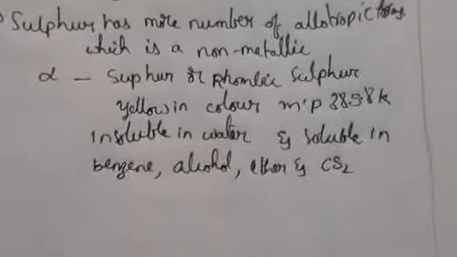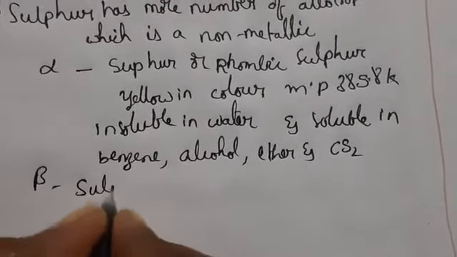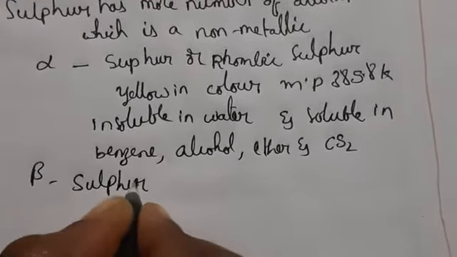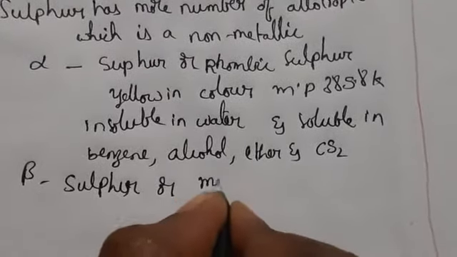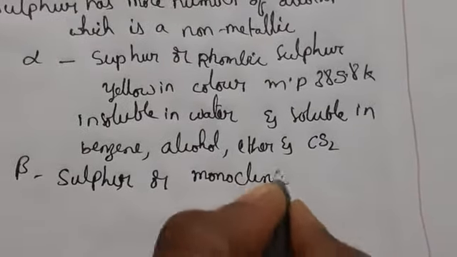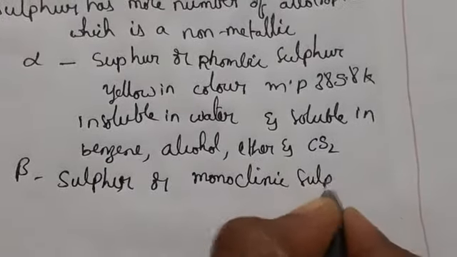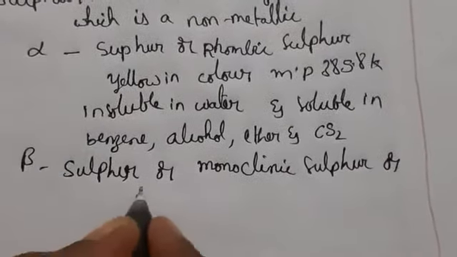Next we have beta sulphur, which is monoclinic sulphur, or prismatic sulphur.